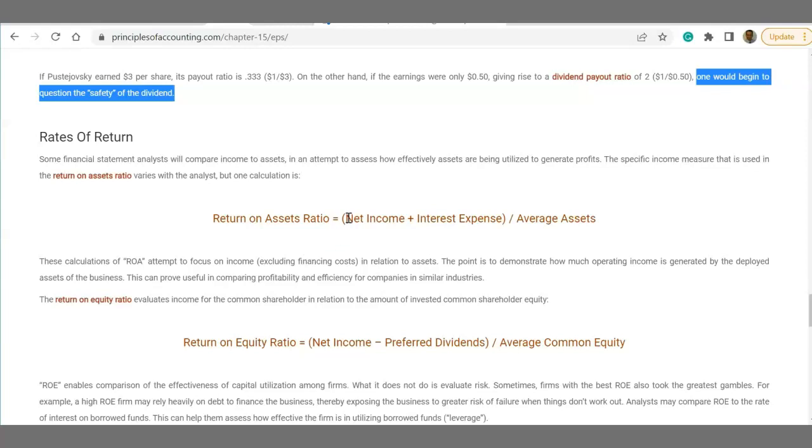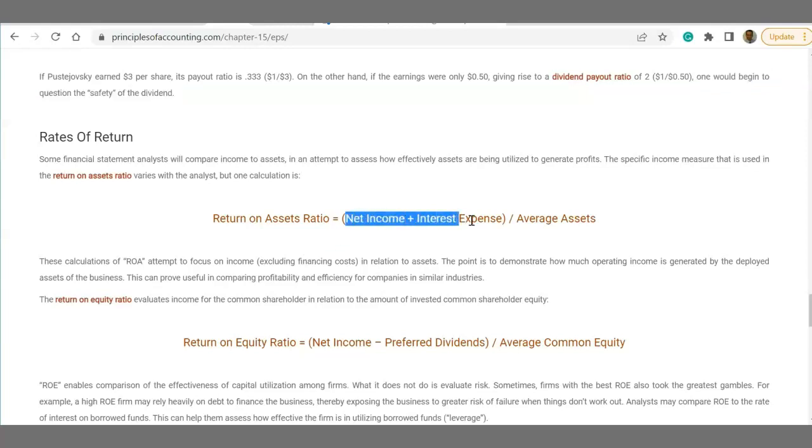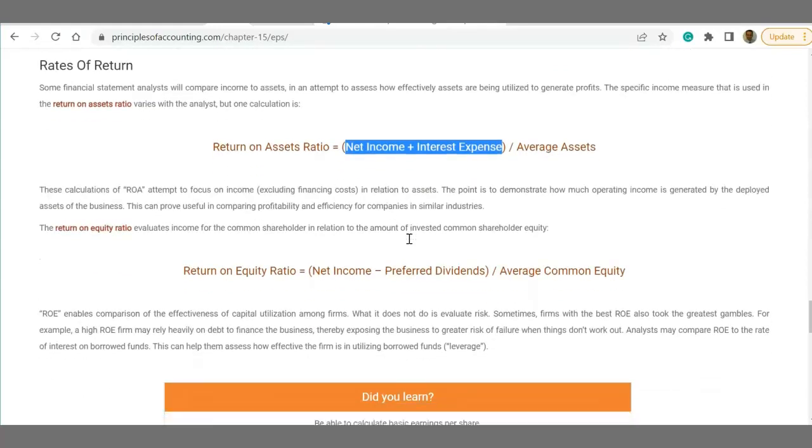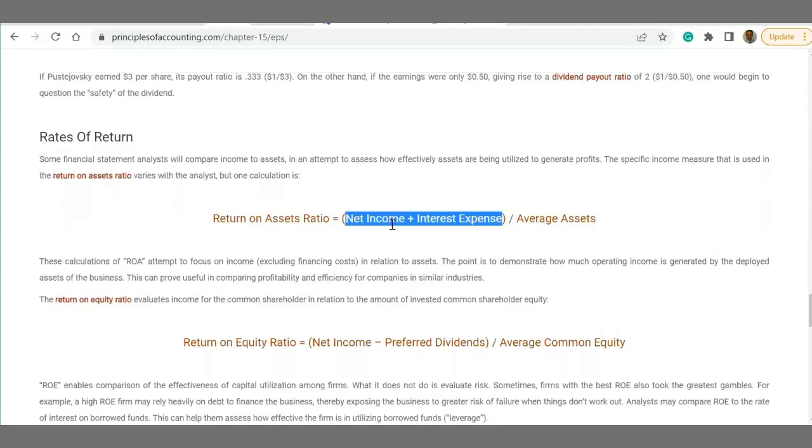So it is net income plus the interest expense that they normally pay, which was deducted from net income. So you put this back to get the actual net income, divided by average asset. So for every return or profit the company has compared to average asset, how much profit they are generating.